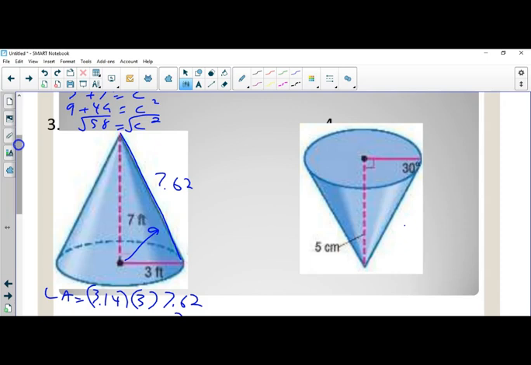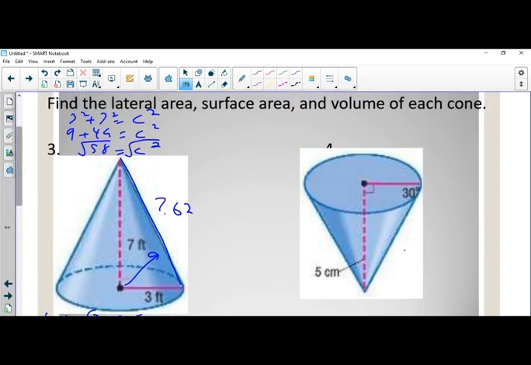So tangent of 30 degrees equals opposite, which is 5, over adjacent. So x is equal to 5 divided by the tangent of 30. And 5 divided by tangent of 30 is 8.66.